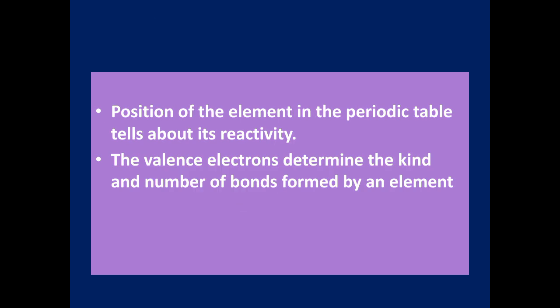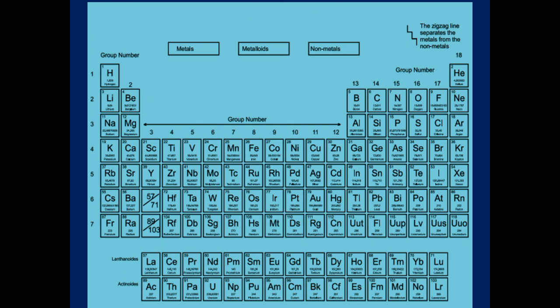The position of the element in the periodic table tells about its reactivity, and the valence electrons determine the kind and number of bonds formed by an element. Here is the periodic table.